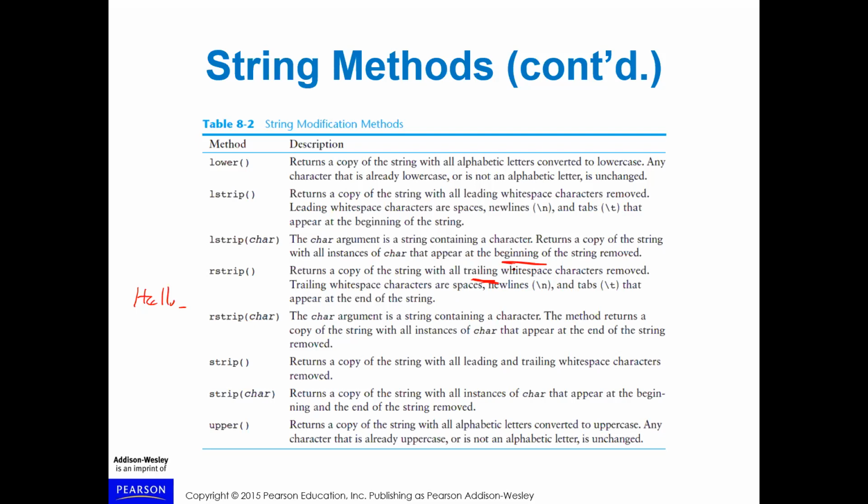And then strip, this function here, returns a copy of the string with all leading and trailing white space characters removed, and so on. And then upper here would just convert all the characters to uppercase. Any questions about this part, guys? No questions?